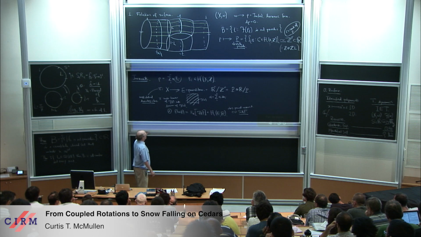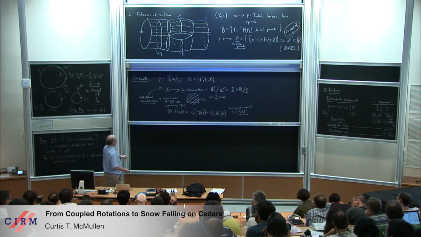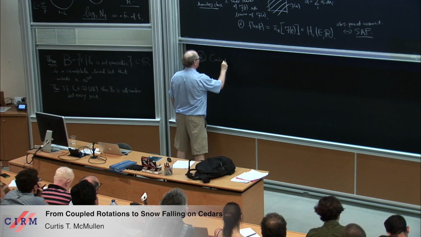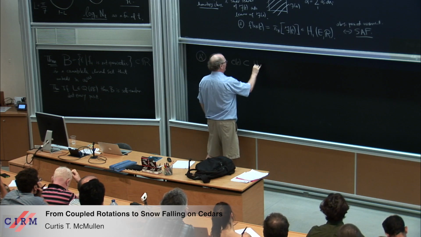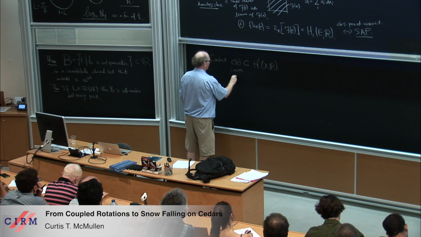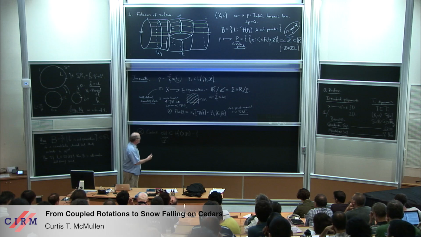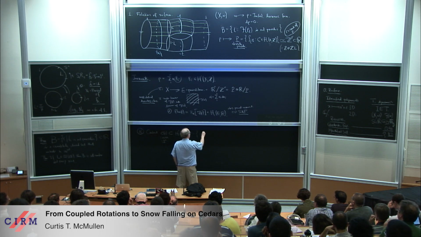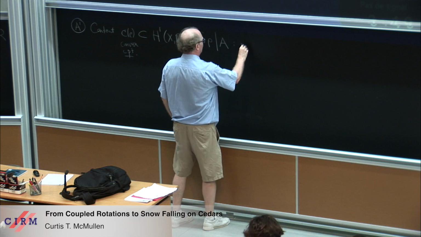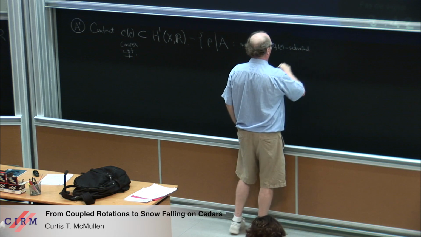So I'd like something a little more subtle that will record changes in the dynamics as the relative periods vary, and this is provided by what I call the content C of rho, which is a subset of H upper 1 of X with coefficients in R. It's a convex set, compact, and it's simply the set of cohomology classes you get by taking the form rho and restricting it, that is multiplying it by the indicator function of A, for all measurable saturated sets A. And by saturated, I just mean that these sets are unions of leaves.